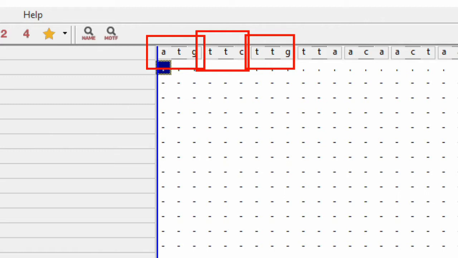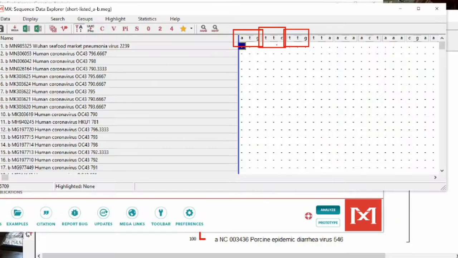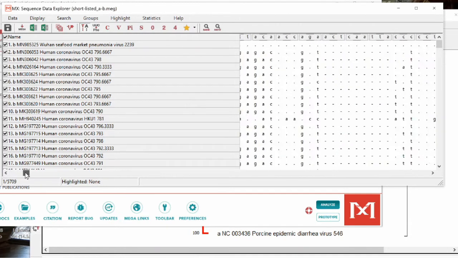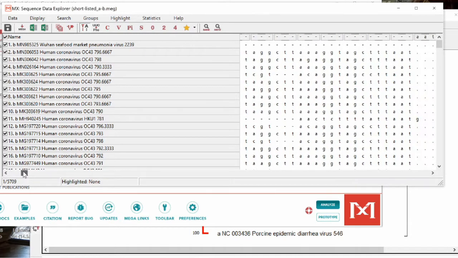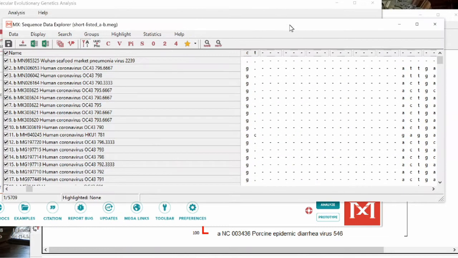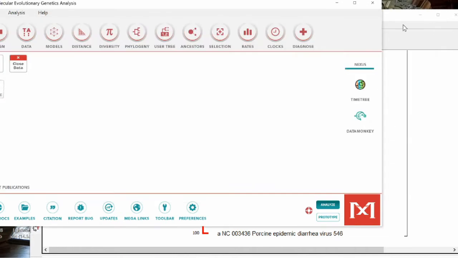The dashed line means that at that position in the other sequences we have the same letter, like T here. We can also scroll to the right and see there's quite a variation all around the place. So this data set we will use for the phylogenetic reconstruction.